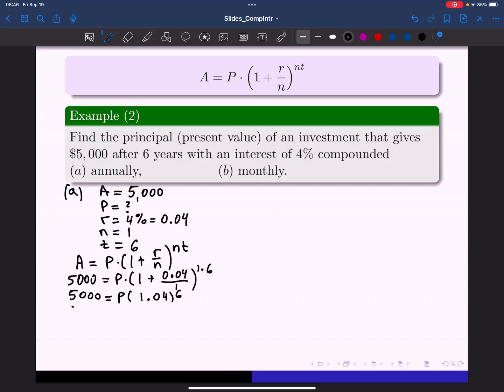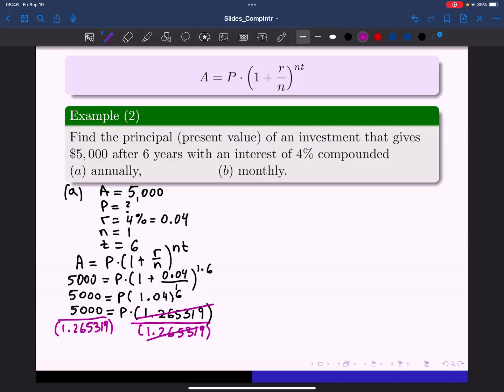So we would have 5,000 is equal to P times, and I'm getting, 1.265319. So then to solve it for P, we would need to divide by 1.265319, and this cancels out.